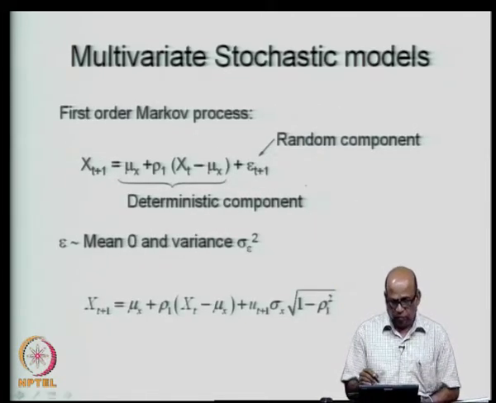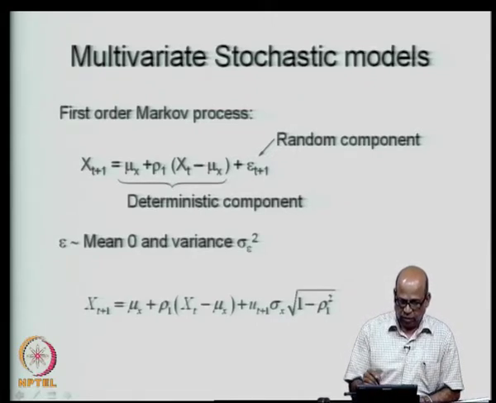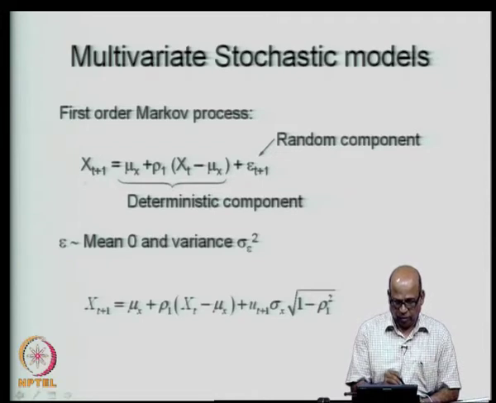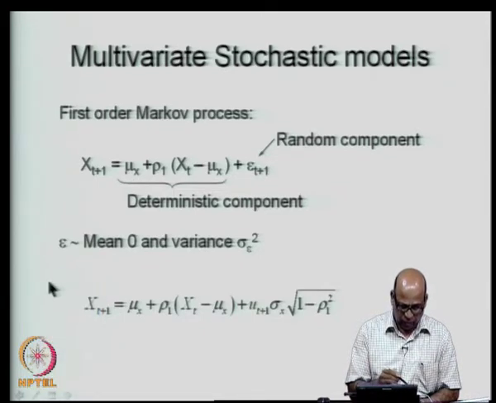And just to complete our discussion on the previous coverage, we wrote the first order Markov process as x t plus 1 is equal to mu x. Look at this, we had one time series, and from x t you are generating x t plus 1 here.